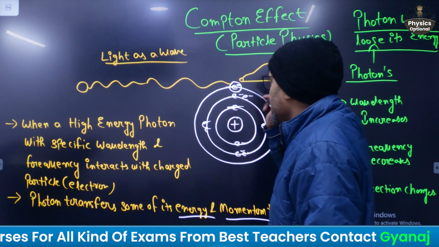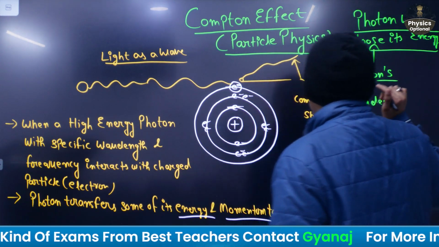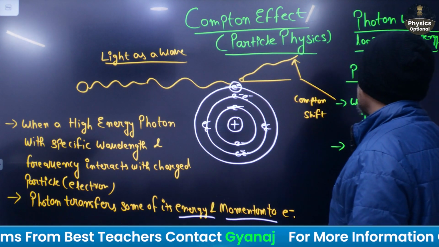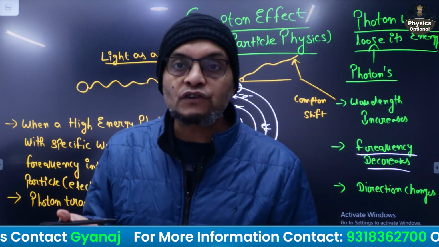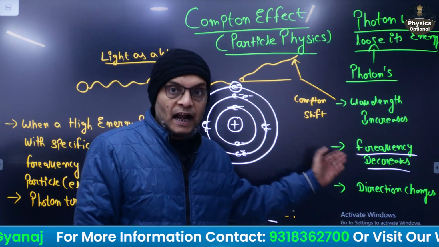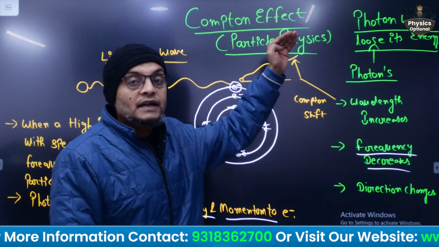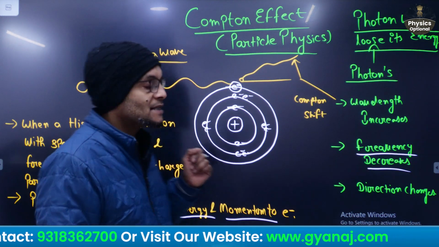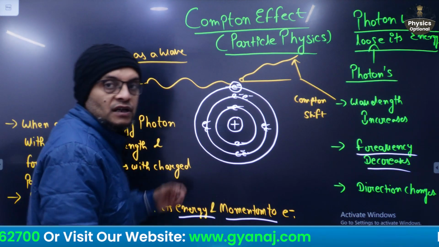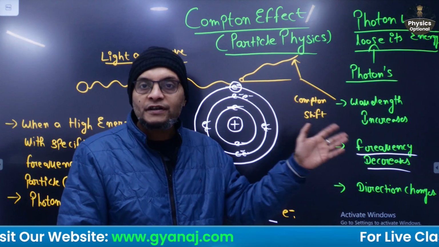Now see guys, due to this, what will happen to the photon? See, the frequency of the photon will decrease, the wavelength of the photon will increase, and also the direction in which the photon was moving is going to change. See, here as we observe, the photon was moving horizontally.